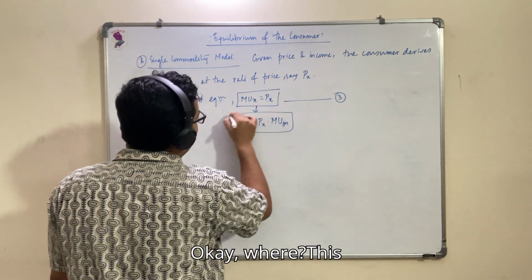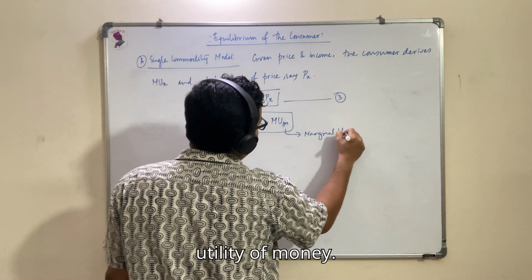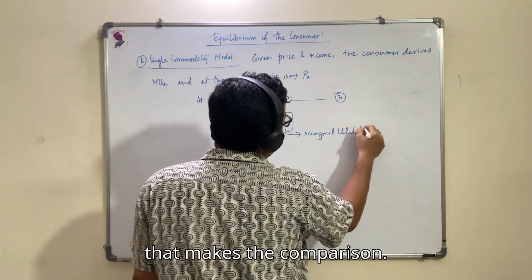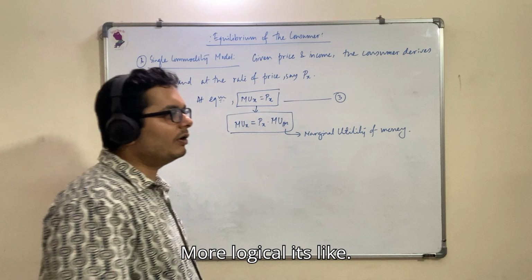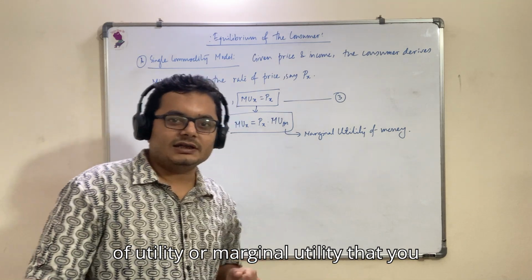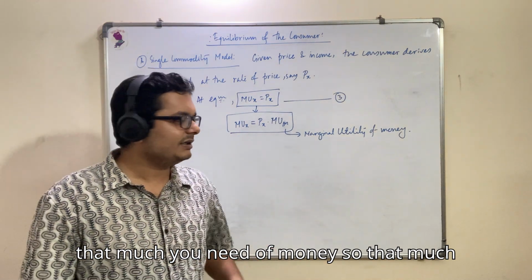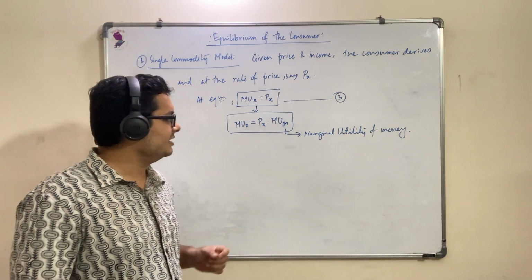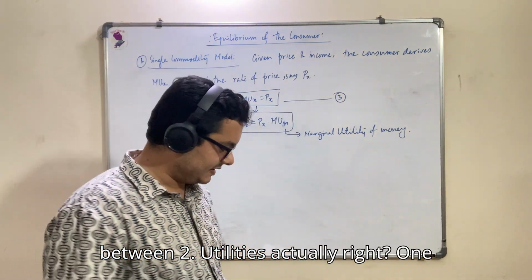Okay, where this MUM is basically marginal utility of money, and we should write like this because that makes the comparison more logical. It's like for 1 unit of money, this is the amount of marginal utility that you are losing. So if the price is Px, so that much unit of money, so that much marginal utility for the last unit of money, and this is the marginal utility gained. So it is a comparison between two utilities actually, right?